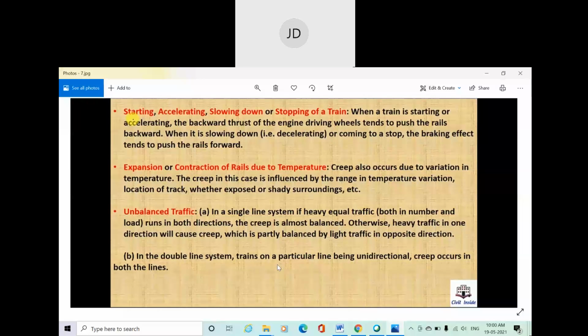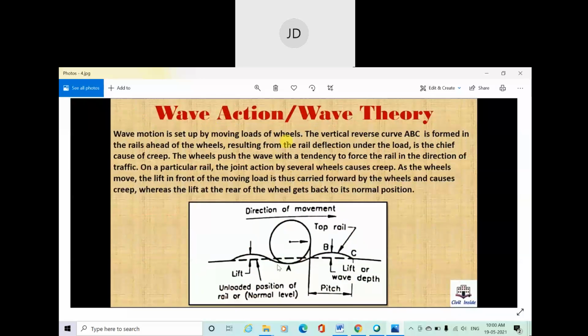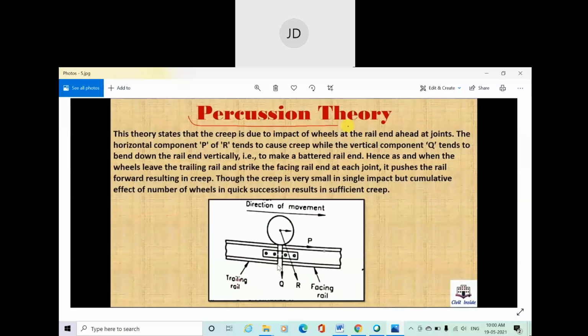So we have discussed wave action of creep. Then percussion theory, which comes in the joint part only.